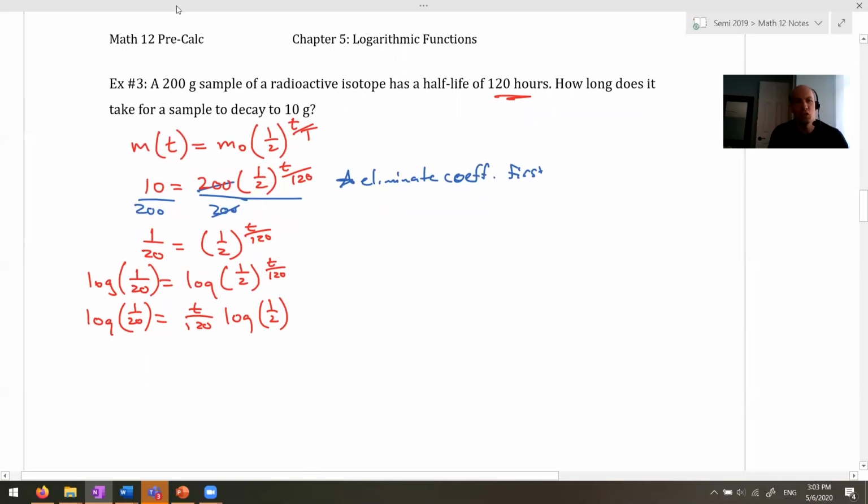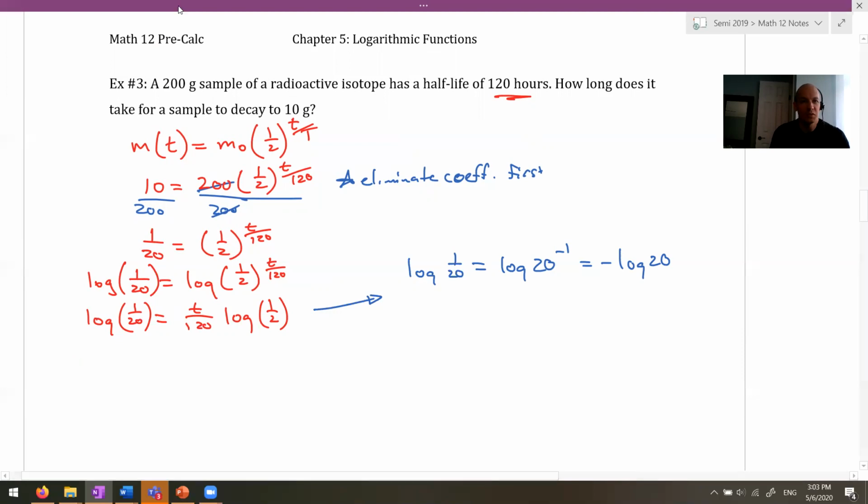So one thing I'd like to show you, here's a cool little trick. If you want to do this, you can, although you don't always have to. Log of 1 over 20 equals log of 20 to the power of -1, which is negative log of 20. I actually really like doing this because I find taking log of reciprocals to be very uncomfortable.